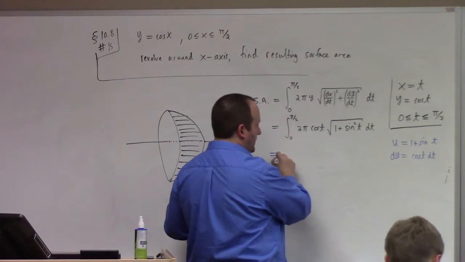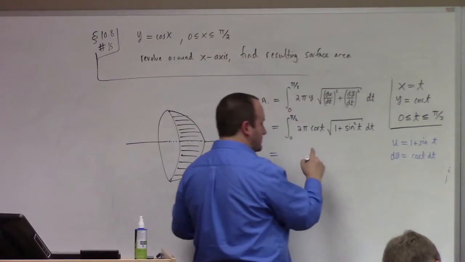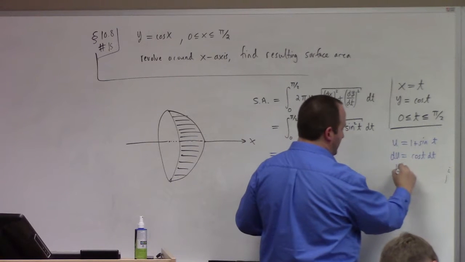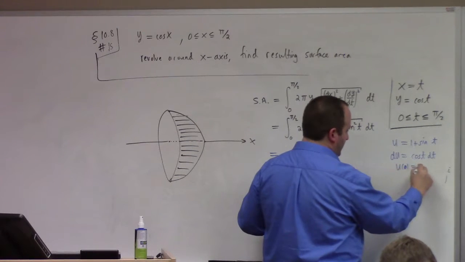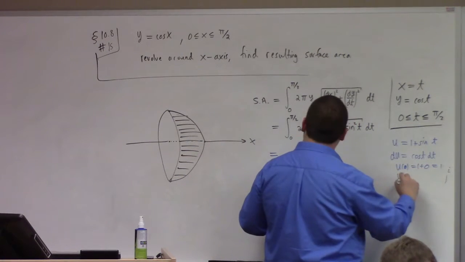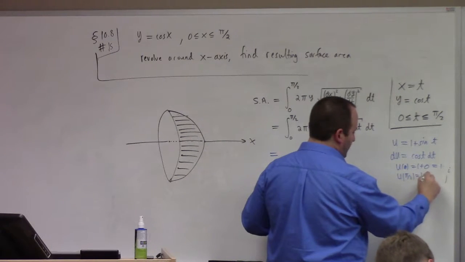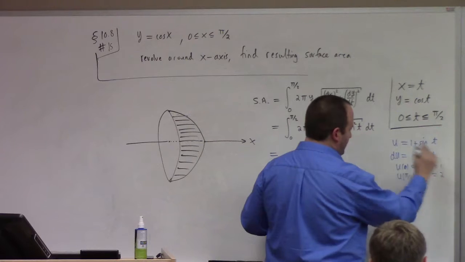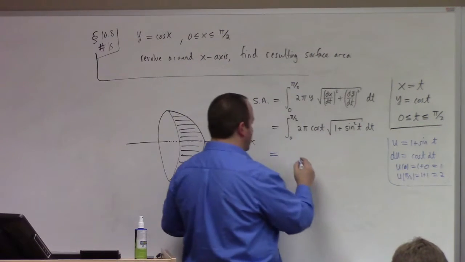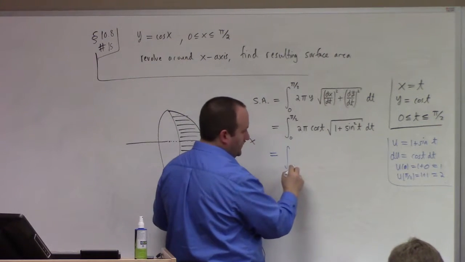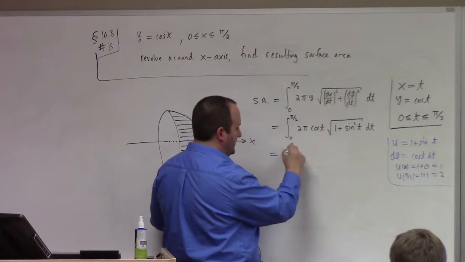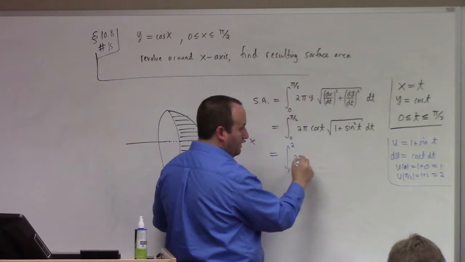Then you've got to change the bounds too. u of 0 is 0, and u of pi over 2 is 1. So I have to change the bounds and the measure.